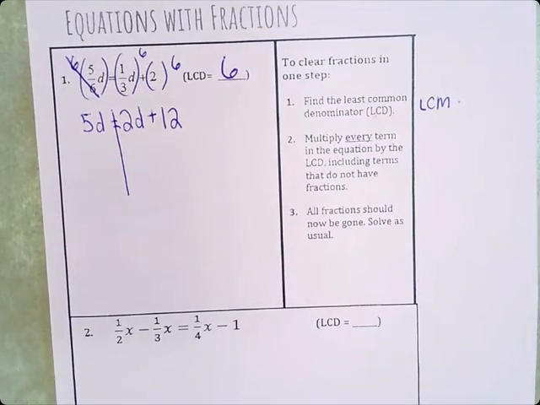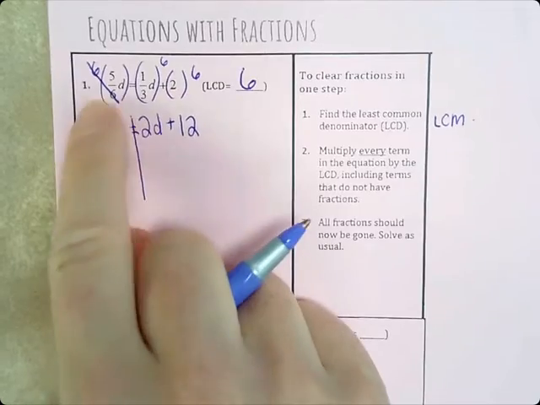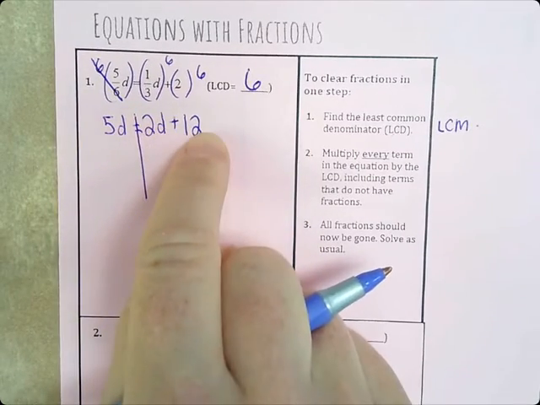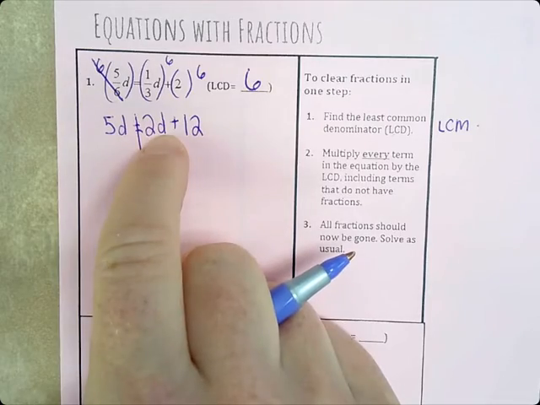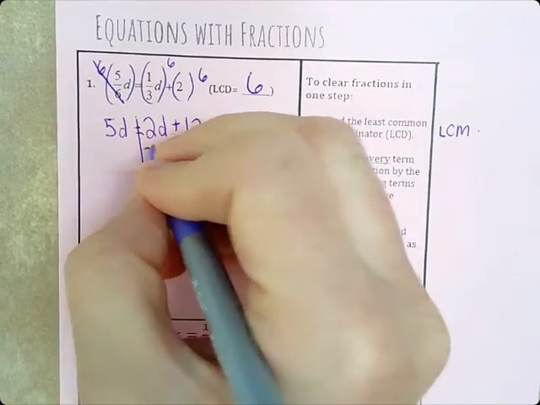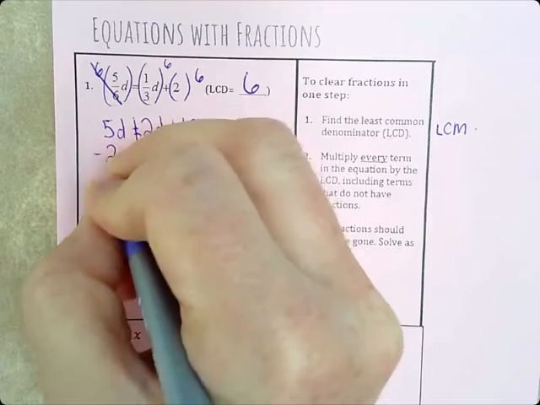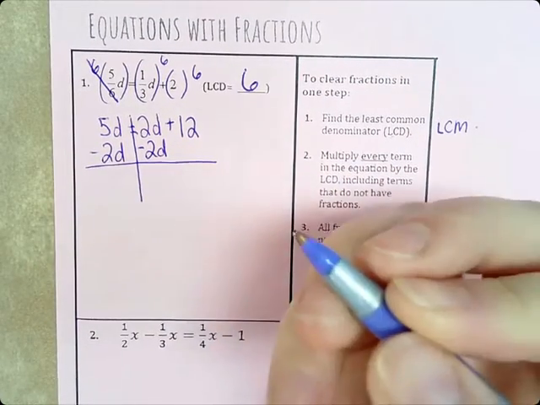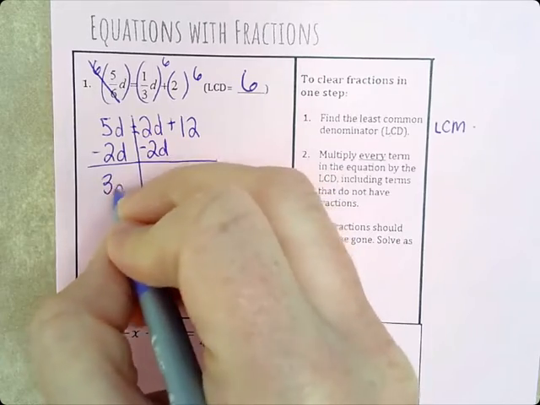We want to get all the d's on one side. Since there's only the d here, and this has the d plus a number, I'm going to move the 2d to the other side. So minus 2d on both sides. 5d minus 2d is 3d.